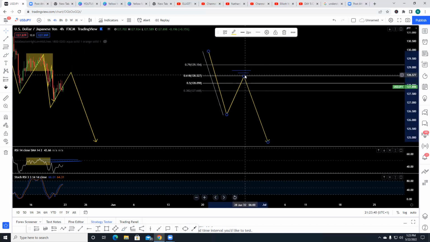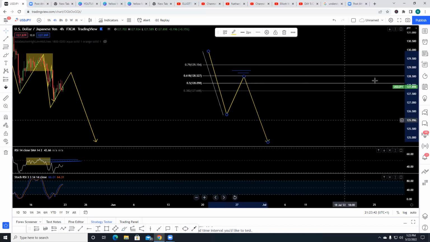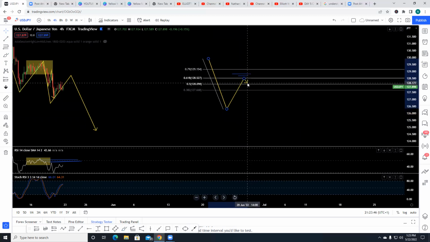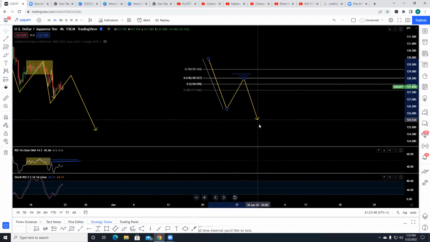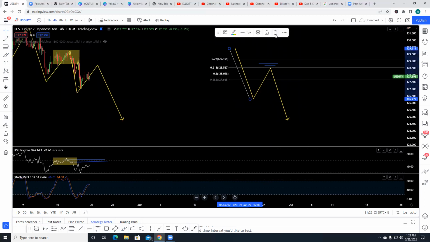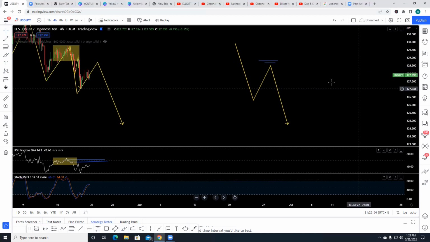It is not only this 50 to 61.8 that gives you a confirmation of this continuation move from here to the downside. No, another confirmation you can get, you can see it in RSI, okay?